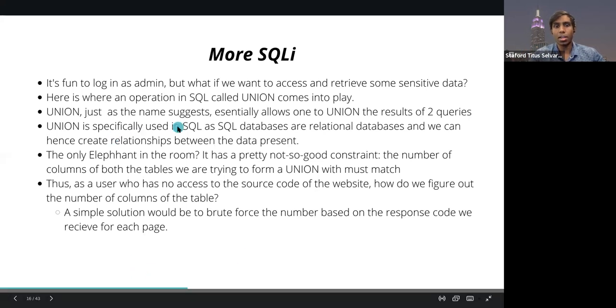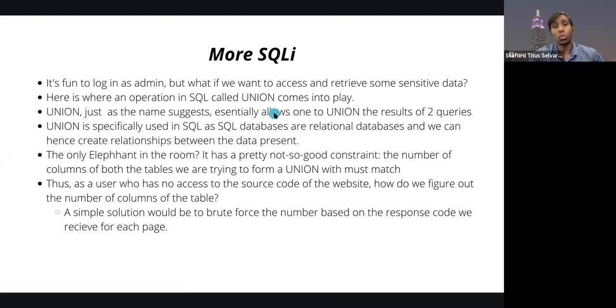Here is where an operation called union comes into play in SQL injection. Union is essentially what the name says: it allows us to union, or combine, two separate SQL queries.